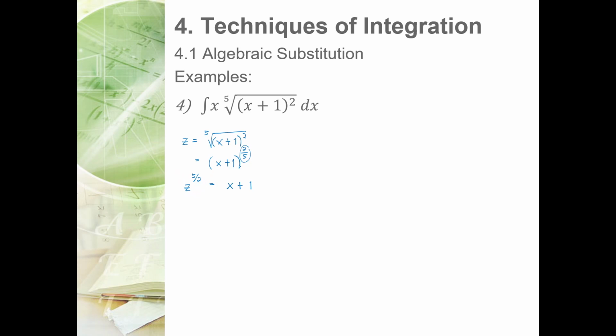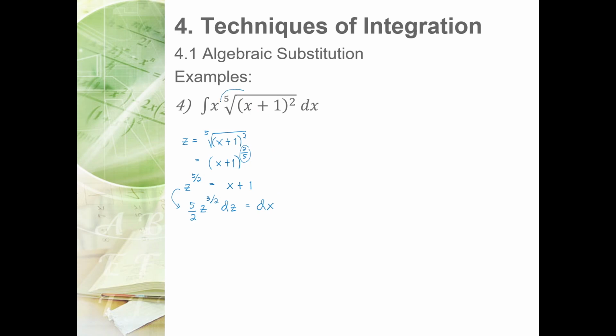Okay, so after eliminating the exponent, we try to differentiate. So this becomes 5 over 2 z to the power of, minus 1, that will be 3 halves, dz, is equal to dx plus 0. Right?